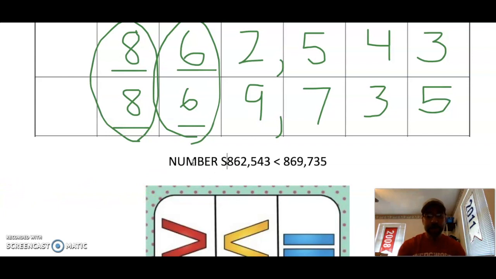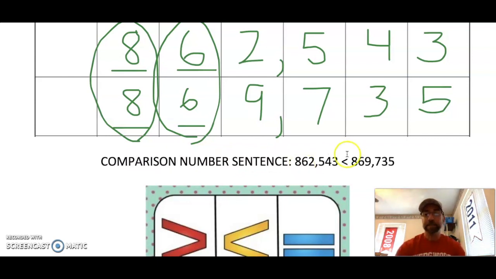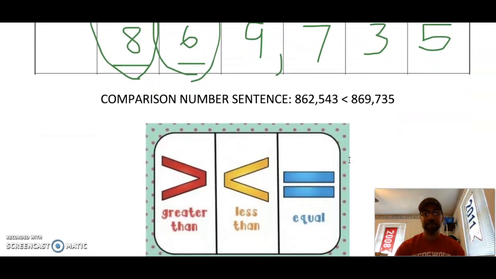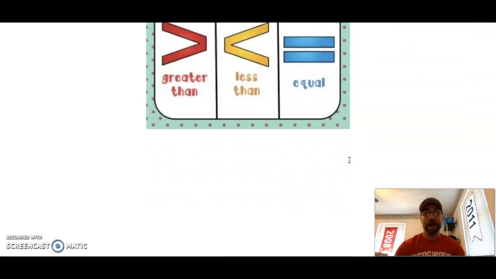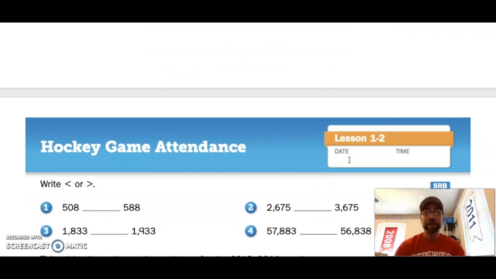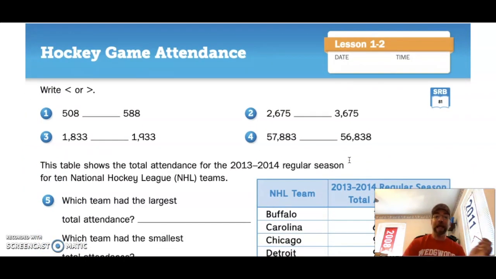So we call this a number sentence. And it is a comparison number sentence because I'm using one of our symbols that compares numbers. Awesome job.